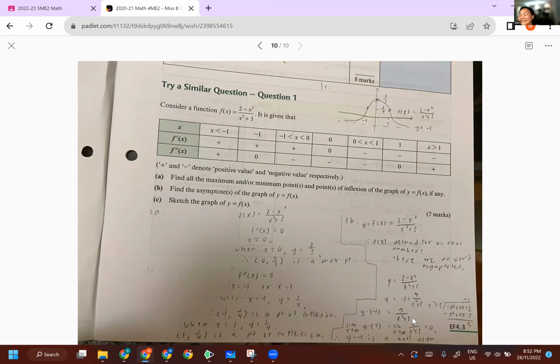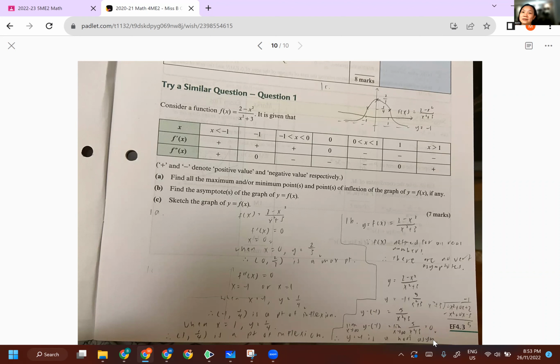Anyway, you see, because y minus -1 is the quotient. Y minus -1 is a fraction, and this tends to 0. So y equals -1 is our horizontal asymptote. That's correct, I hope.